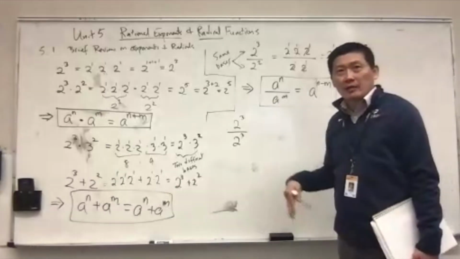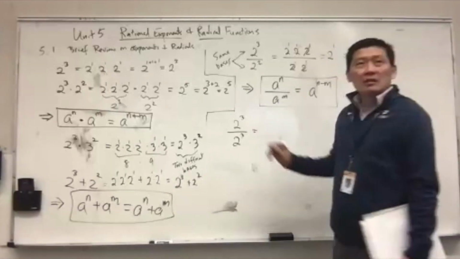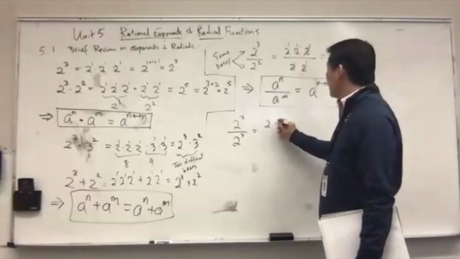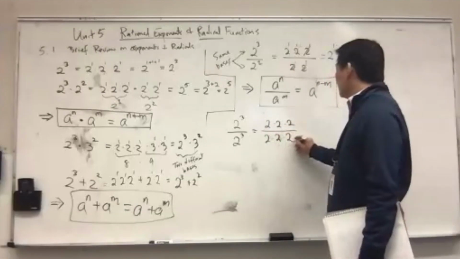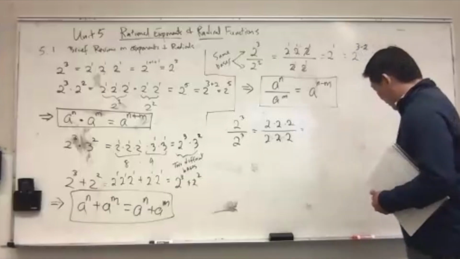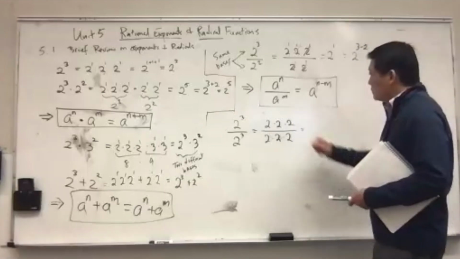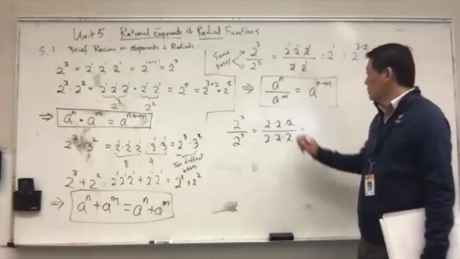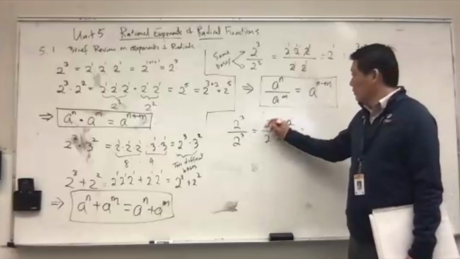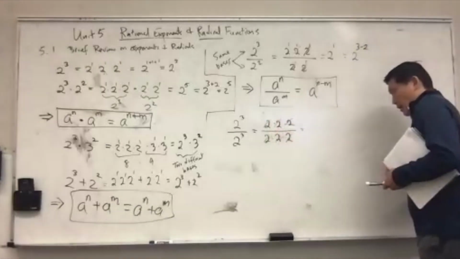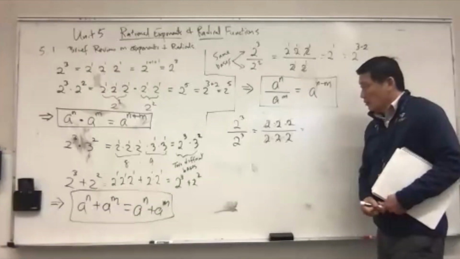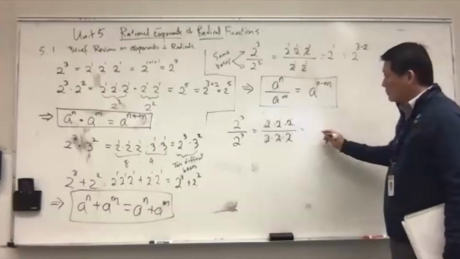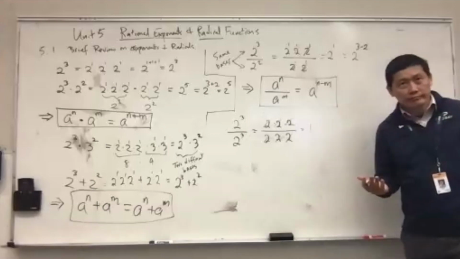But if we break this down, you got 2 times 2 times 2 over 2 times 2 times 2, and then you cancel. This set gone, this set gone, and you end up with 1. Makes sense.